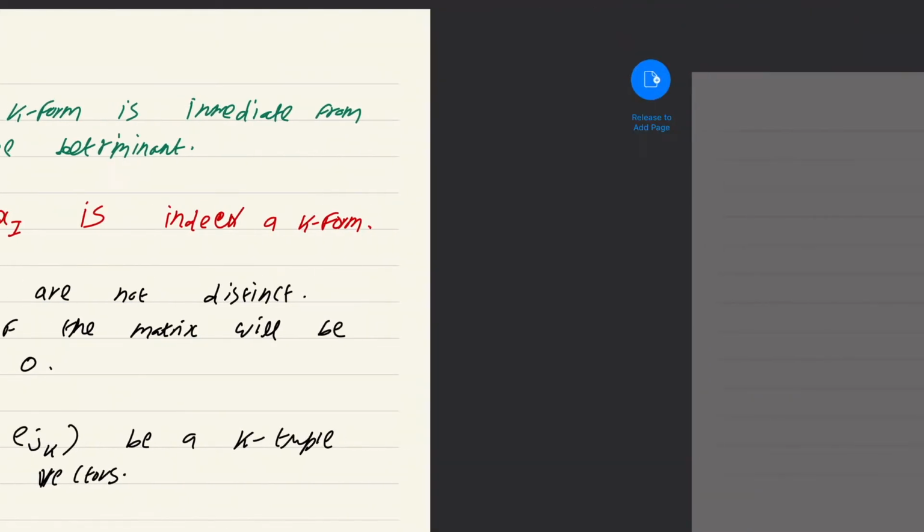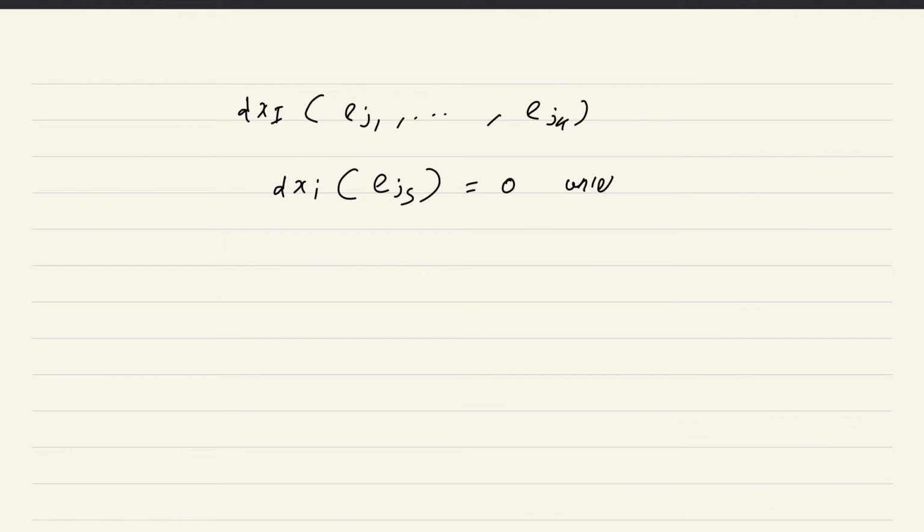Now, what happens when you see dxI of ej1, ..., ejk? Note that dxi of ejs is 0 unless i is js, and 1 if i is equal to js.